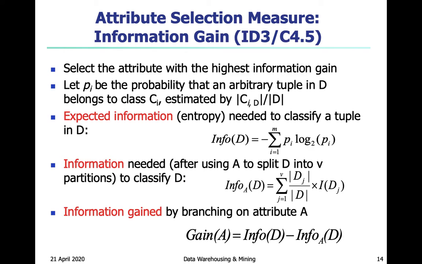Let node N represent or hold the tuples of partition D. The attribute with the highest information gain is chosen as the splitting attribute for node N, meaning it will be chosen as the best attribute.